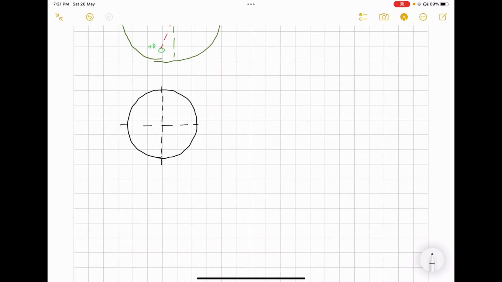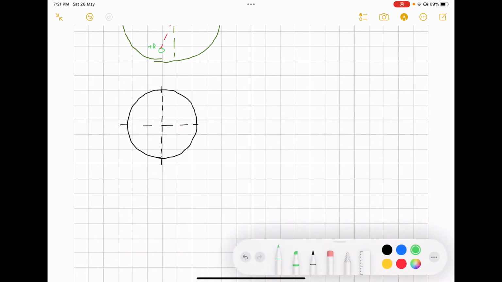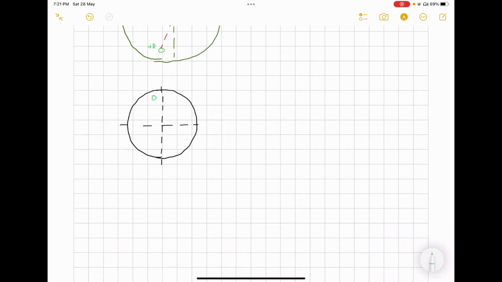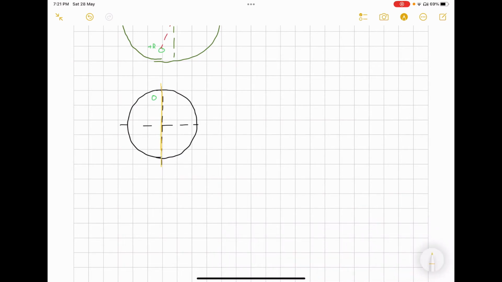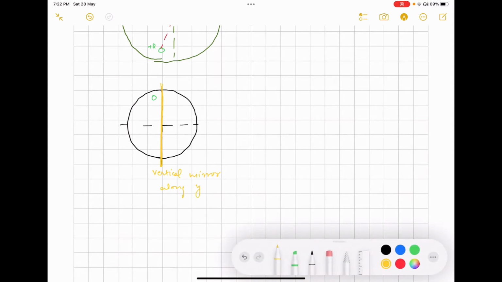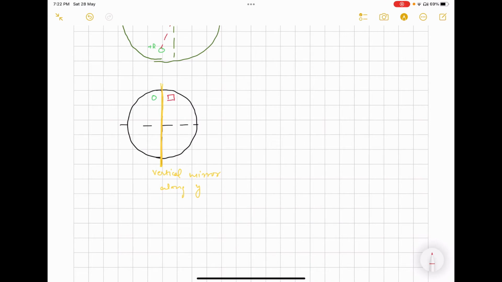if you have an object here, this is right-handed above the plane. So, for a mirror, if this is your mirror, the vertical mirror along y, then your resultant object is a left-handed one, but it remains above the plane.